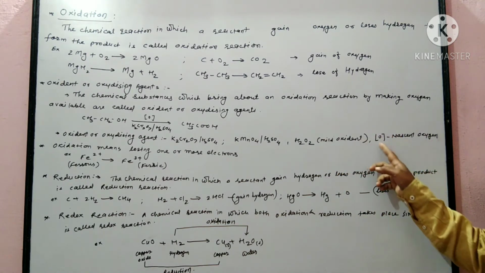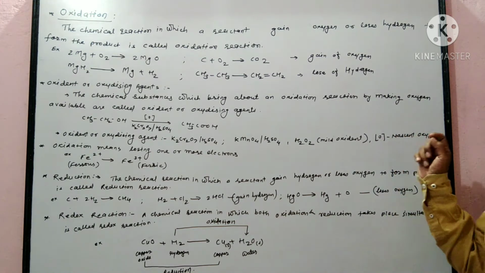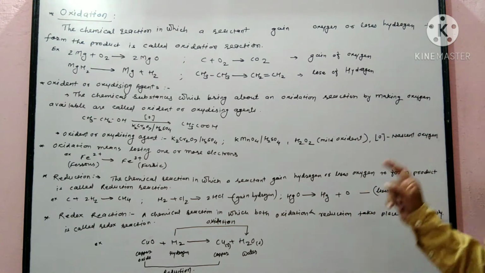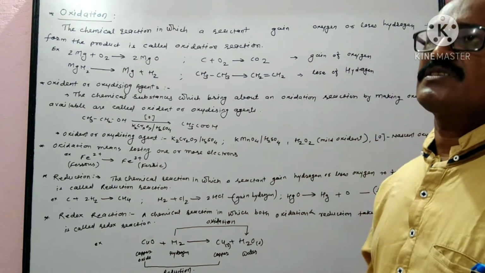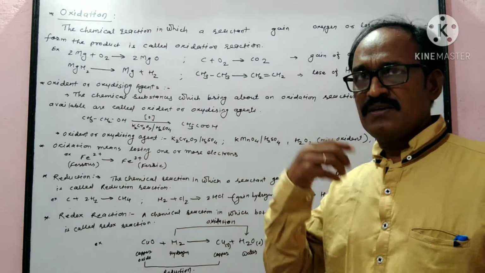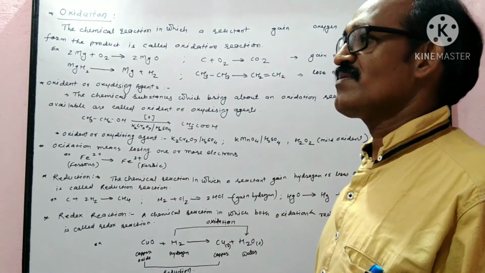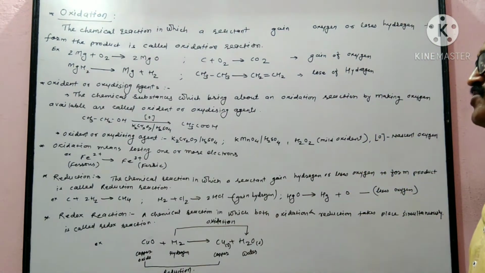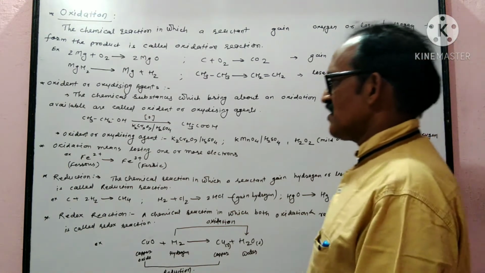Nascent oxygen, this form of oxygen is called nascent oxygen, is also a chemical oxidant. By these chemical oxidants, the chemical reactions are easily performed by making oxygen available for oxidation reactions. This is all about oxidation reactions.